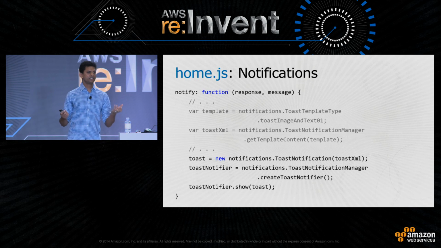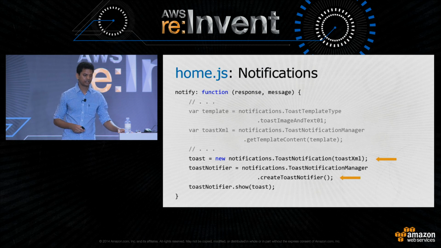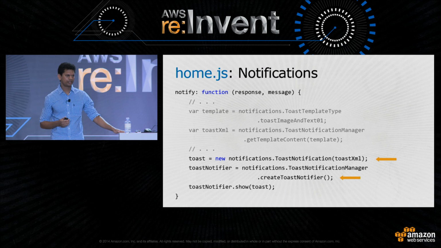The way you would do this is you would get a template object, populate it with the content that you want to display, get an instance of the notification manager, that is your desktop notification manager, and then use the notifier to show the notifications that you've just created.